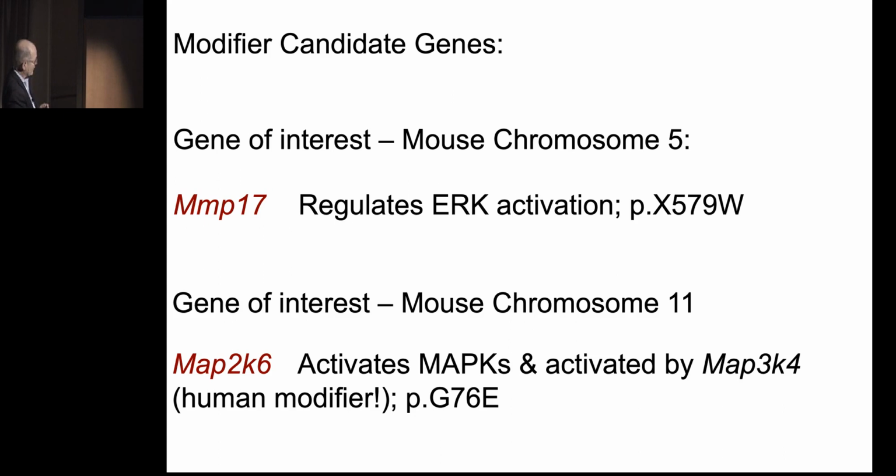On mouse chromosome 11, there is the MAP2K6 gene that again activates mitogen-activated protein kinases, and it's activated by MAP3K4, the human modifier. So it seems by looking at modification between two different species, we perhaps have identified a pathway of modification. Again, there's a very significant predicted deleterious amino acid substitution that differentiates the black 6 and 129 strains.